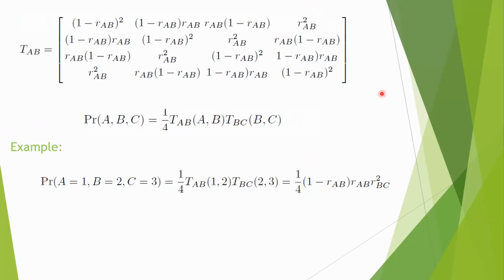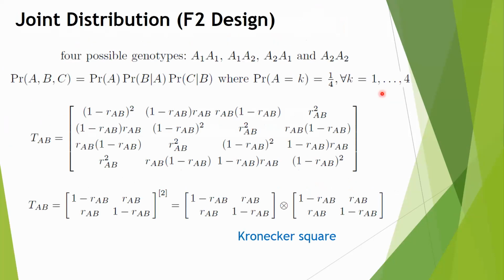All right. So as I mentioned, this is the ideal situation for the F2. And in this ideal situation, we assume that we can successfully distinguish this genotype from this genotype, right? But in practice, this is not always true.